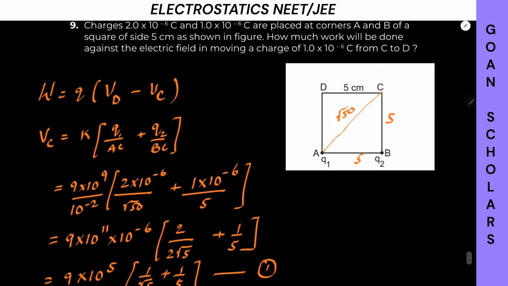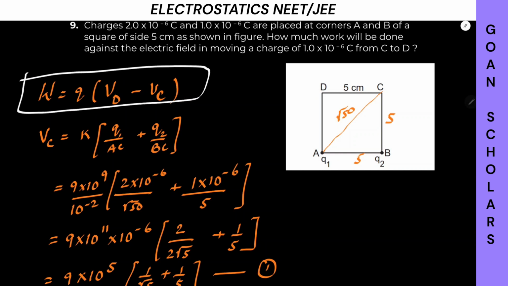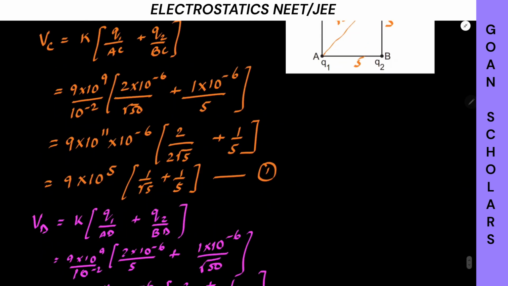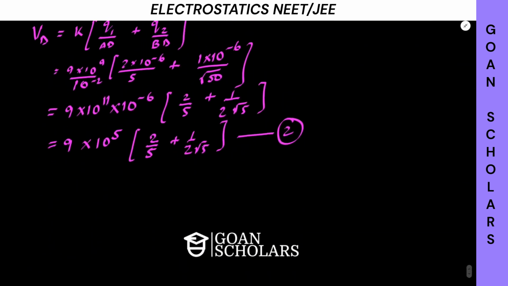Now let's apply these two in this equation, that is work done equals to charge, and which charge this time? 1 into 10 to the power minus 6. This charge we are taking along CD, so we are going from C to D, so potential difference will be from D to C, right? So here let me write first, work done will be equals to charge. What is the charge here? 1 into 10 to the power minus 6 into VD minus VC.